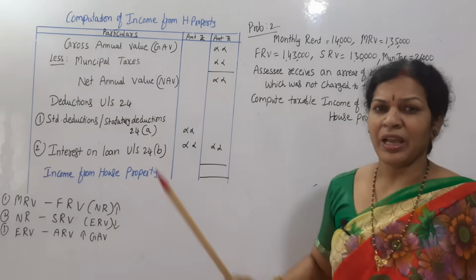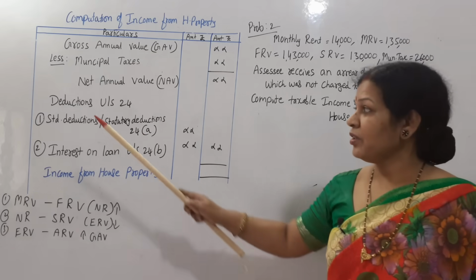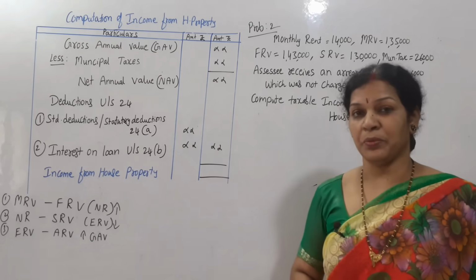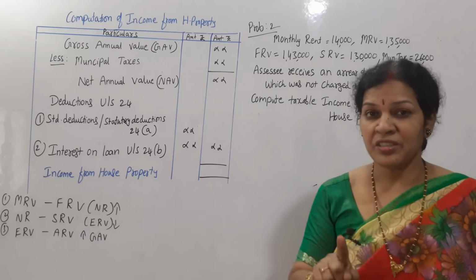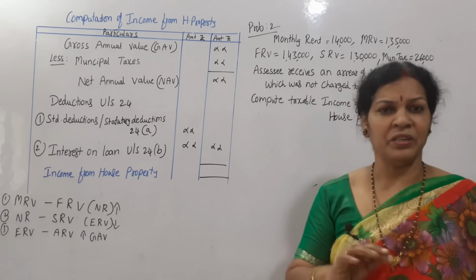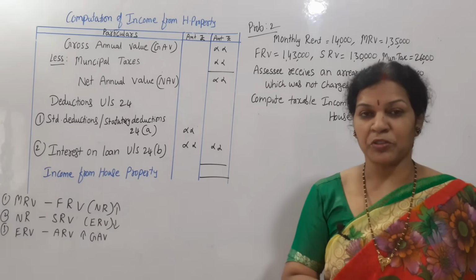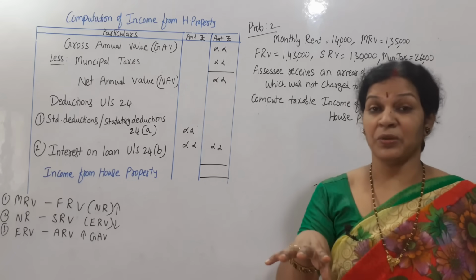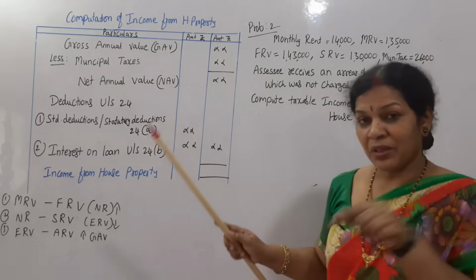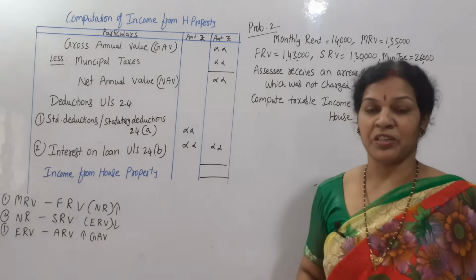From this you will have standard deductions. So deductions under section 24. Remember, deductions under section 24. Anyway, I told you in the beginning class only. This entire income from house property is based on sections 22 to 27. Now out of this, 24 has some deductions. What are the deductions?